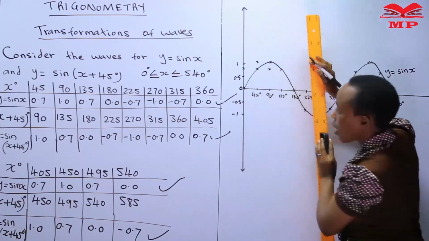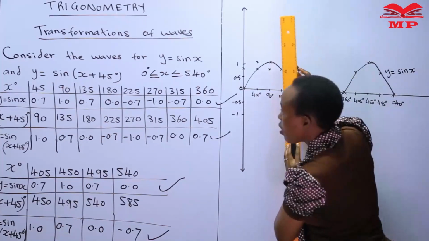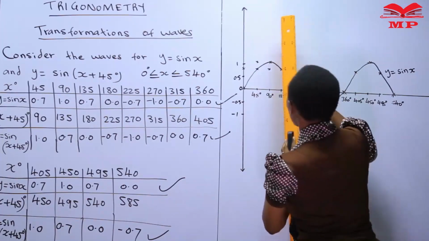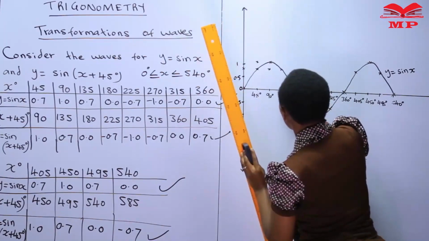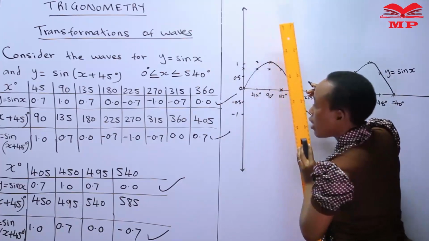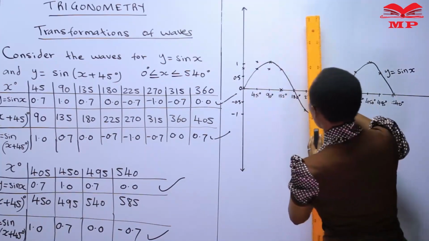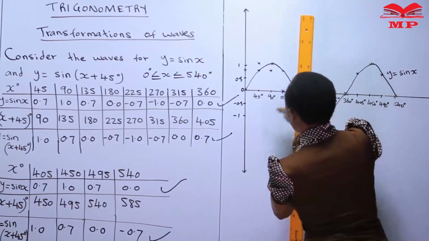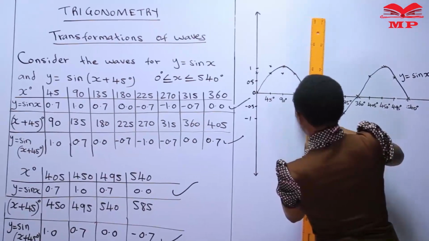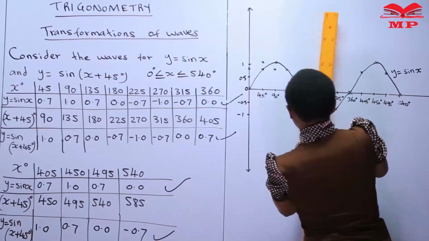Then when we have 135, we have 0. Then at 180, we have negative 0.7, somewhere here.